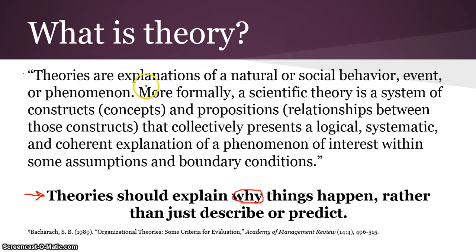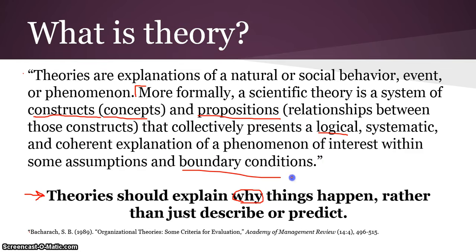And if we get more specific or more formal, we can say that a scientific theory is a system of constructs, which we can also call concepts, and propositions, which indicate the relationships between these constructs, that collectively presents a logical, systematic, and coherent explanation of the phenomenon of interest within some assumptions and boundary conditions.